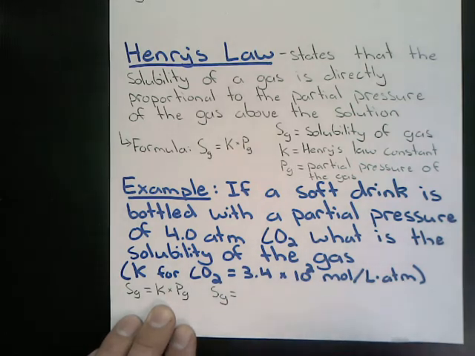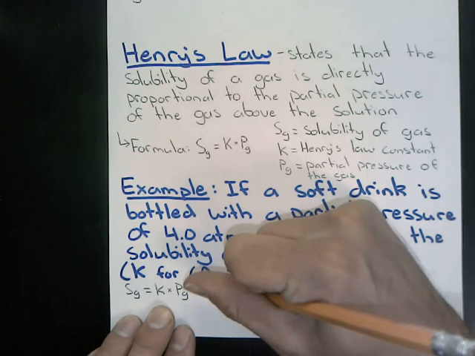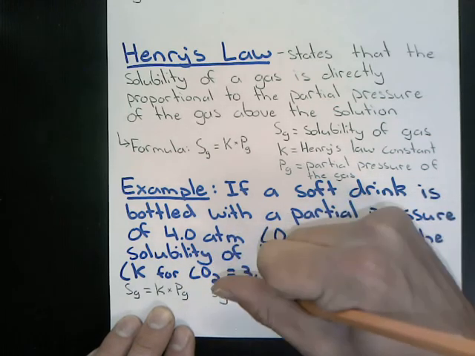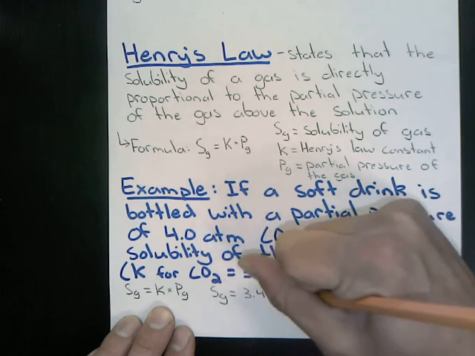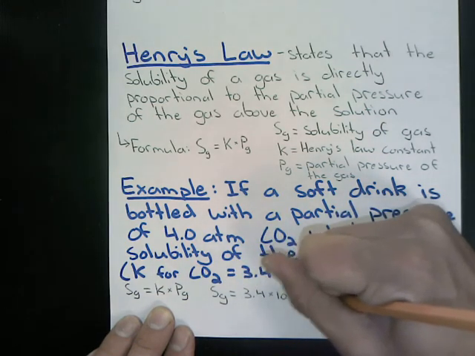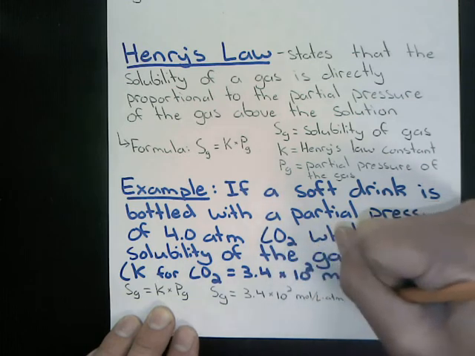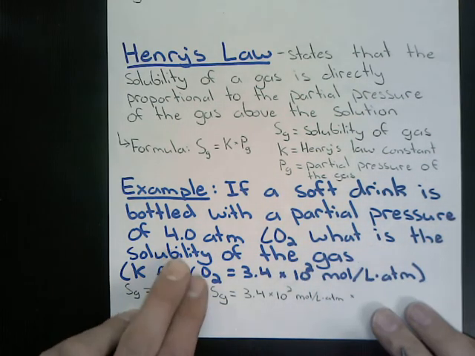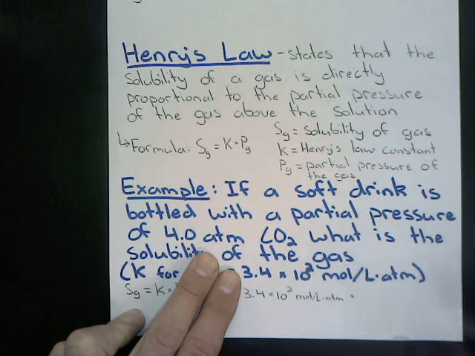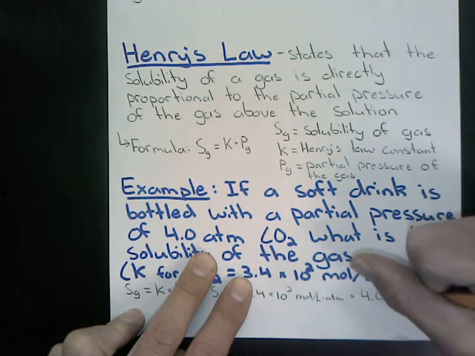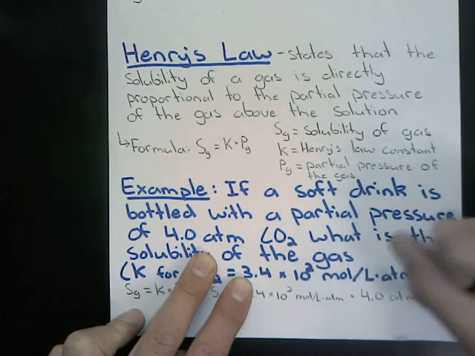I don't expect you to know that. It would be 3.4 times 10 to the second moles per liter atmospheres multiplied by that partial pressure. Well, the partial pressure of the gas, in this case carbon dioxide, is 4 atmospheres. So we have 4 atm.